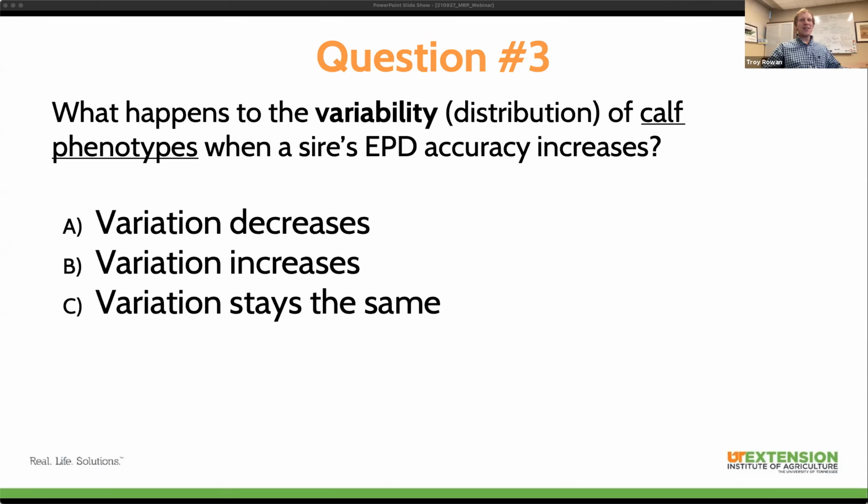All right. So the overall answer here was that about 30% said that variation increases, 60% said that variation decreases, and 6% said that variation stays the same. This is something I hadn't really thought about until very recently, or put into words.